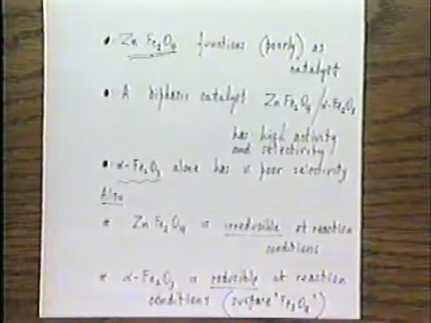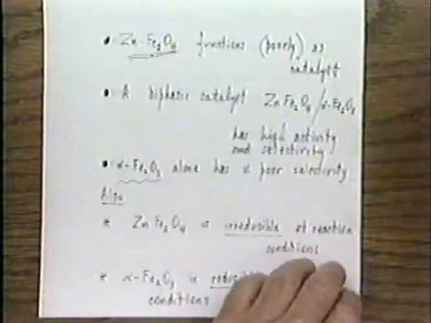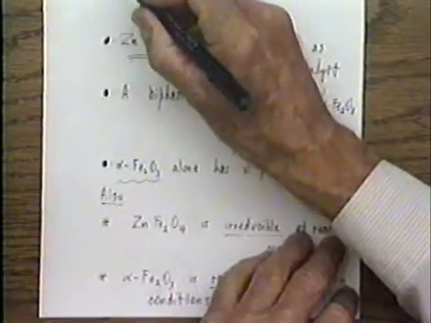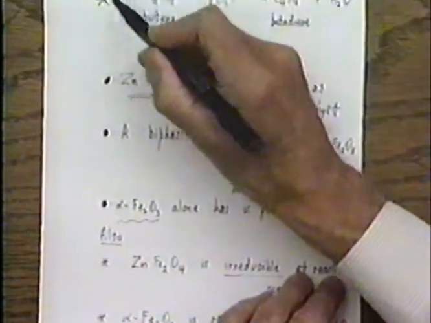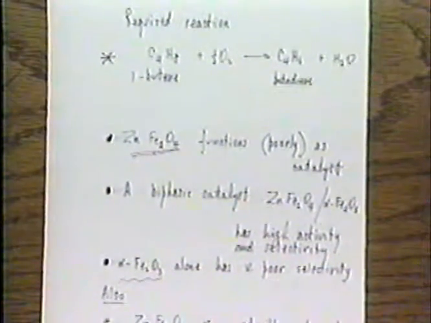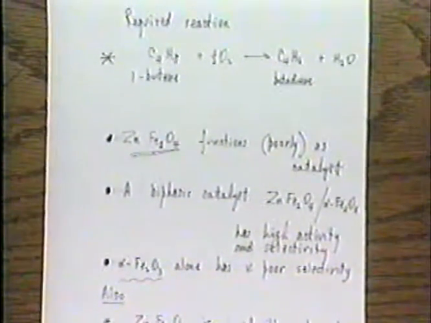Well, Fe2O3 adsorbs oxygen, but it has a relatively poor selectivity for the reaction which you want to catalyze, mainly because the Fe2O3 tends to take the reaction right through to oxides of carbon.